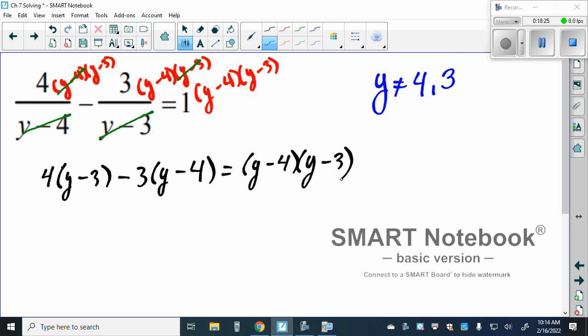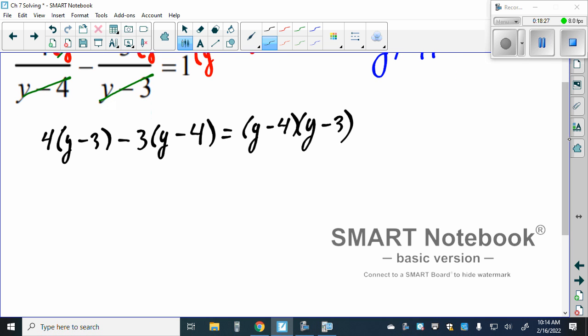Now we do need to be careful with this one here because it might be tempting to have multiplied the y minus 4 in the middle by 3 and gotten minus 3y minus 12, which isn't quite right. Because if you'd gotten for the middle one here, 3y minus 12, it's a little bit off. Yes. It's the negative.